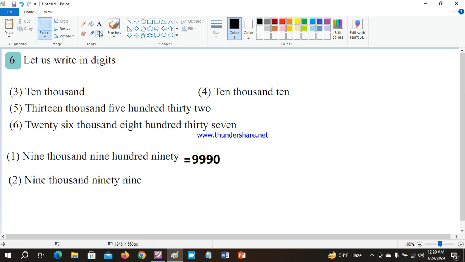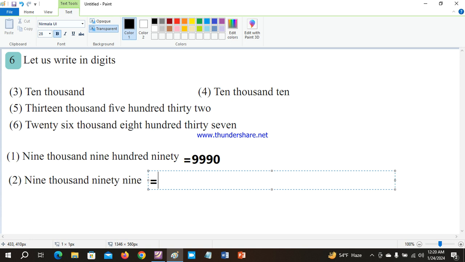Number 2, 9,099. We have to write 9 in thousands place, and then 99.